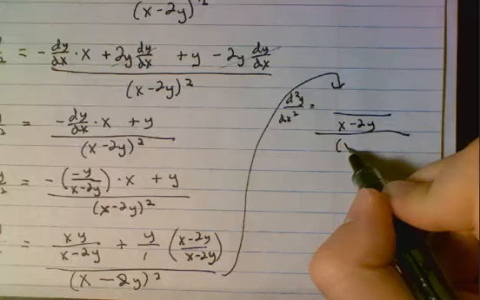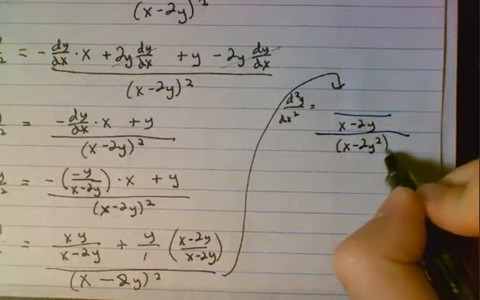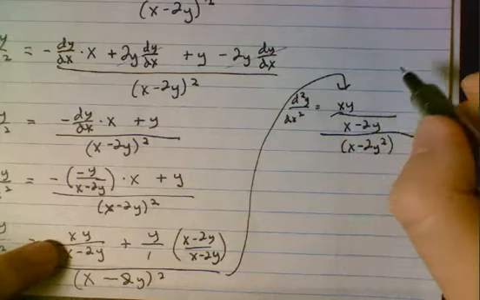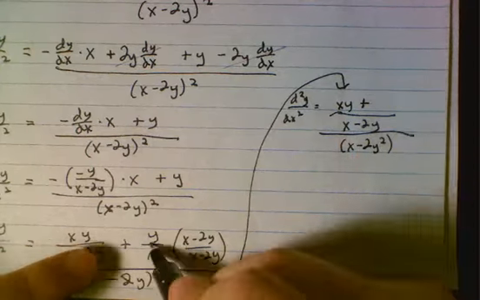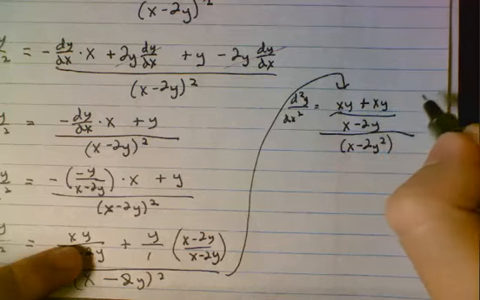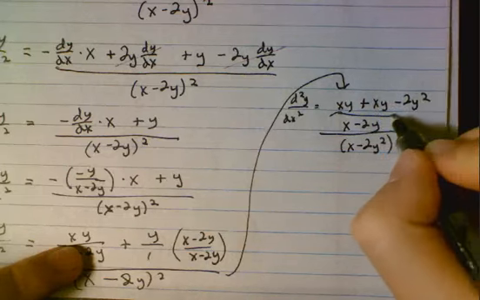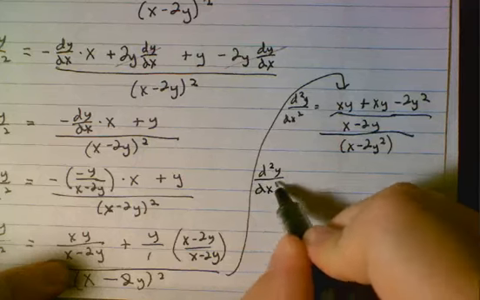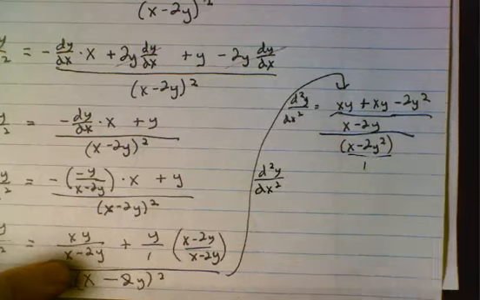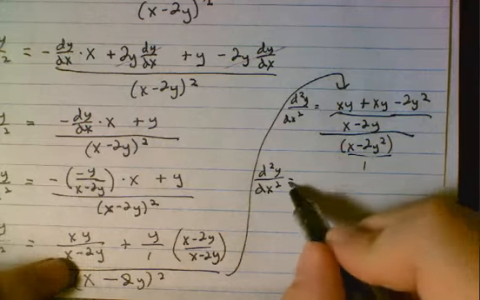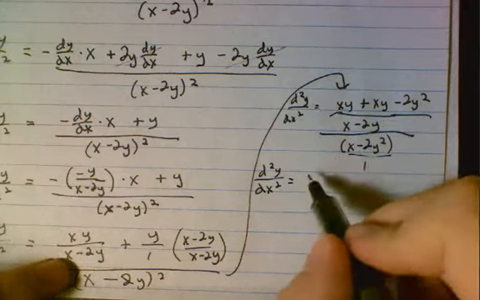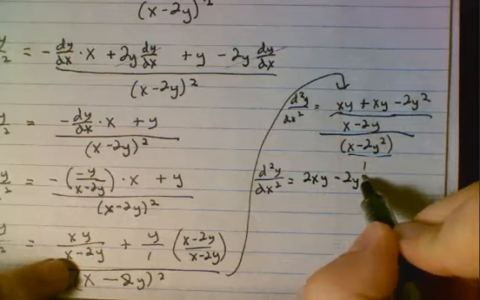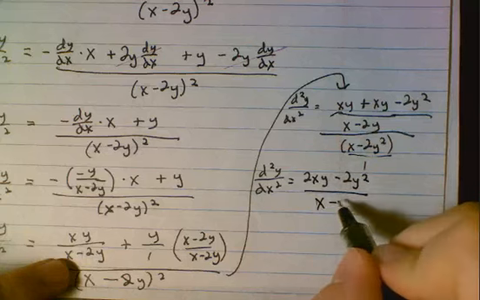That's all over x minus 2y squared. And I've got xy plus, here's another xy minus 2y squared. This is the same as all of that over 1. So I can add these two xy, so I've got 2xy minus 2y squared up here, all over x minus 2y.